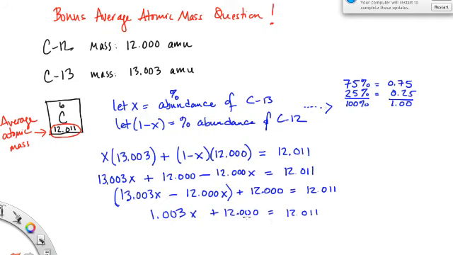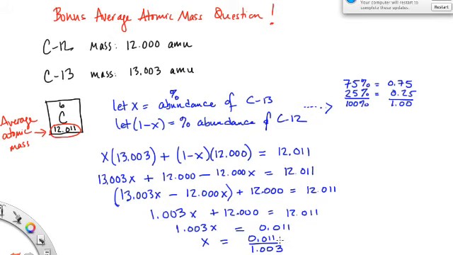Now I can subtract 12 from both sides, so I end up with 1.003x equals 0.011. Okay, now all I need to do is solve for x. So x is going to equal 0.011 divided by 1.003.